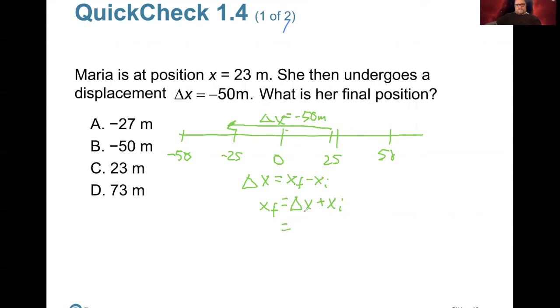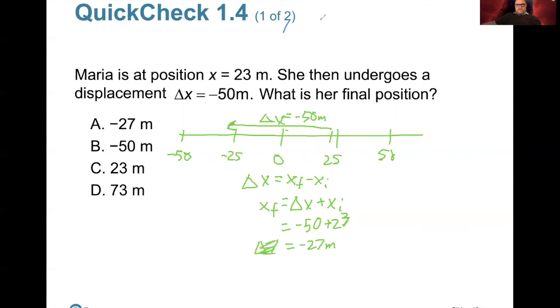Now we can put our numbers in there, and let's see if we get it right this time. Okay, so delta x is minus 50. It's math, it should make sense. My initial position is 23. So minus 50 plus 23 is going to give me minus 27. And this is in meters, minus 27 meters.